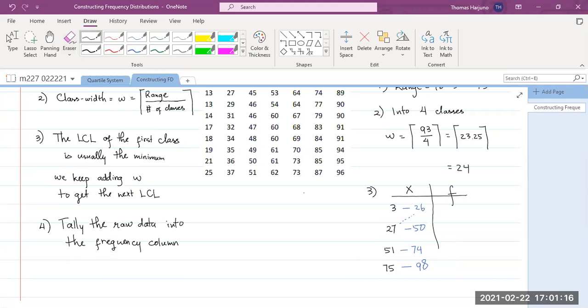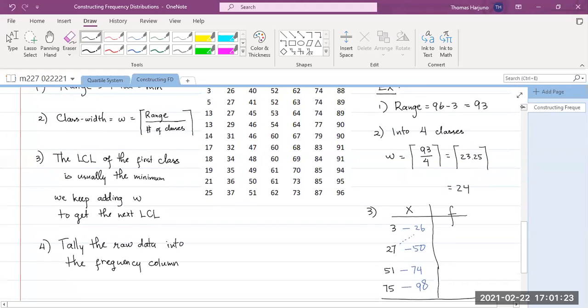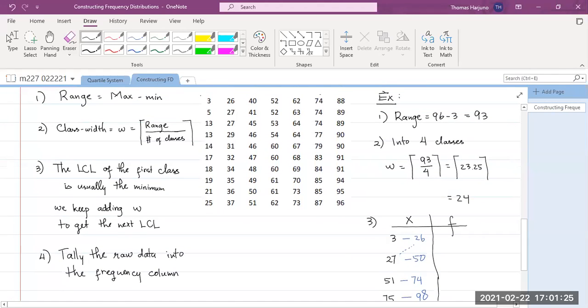When you compare with the original raw data, from 3 to 26, so the lowest one is 3 up to 26, how many of them? I think there are 11. So the frequency for 3 to 26 is 11.